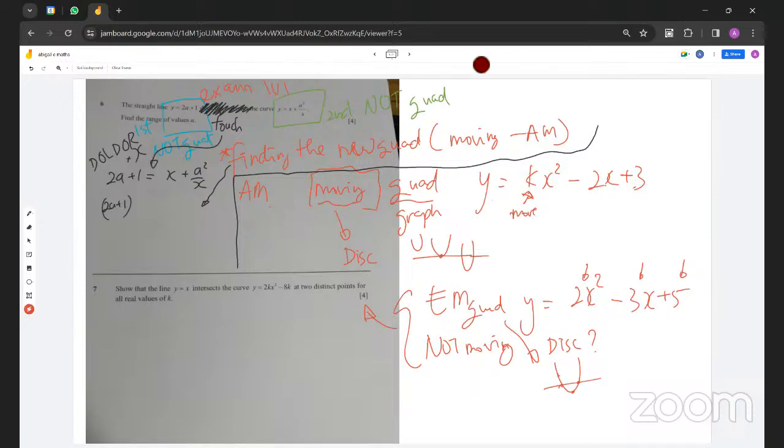Again, I teach you, this is the single most important thing in algebra. Whatever you do to the left, you do to the right. In secondary 1 and secondary 2, they teach you move things here and move things there. Correct? Move things here and move things there is a very bad thing to learn.